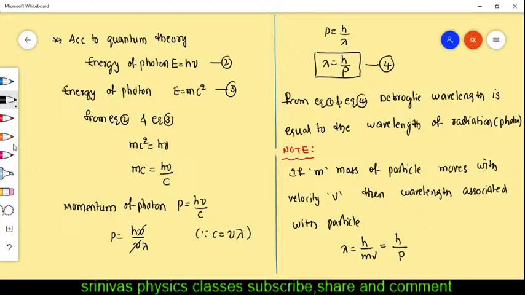Next, I am going to erase and continue. Various formulas I am going to give for the de Broglie wavelength. Okay, this is a particle.